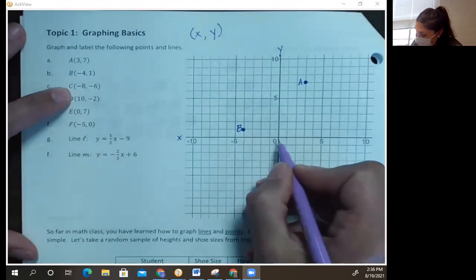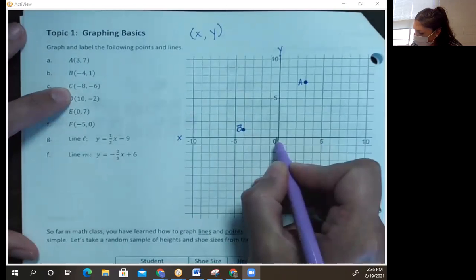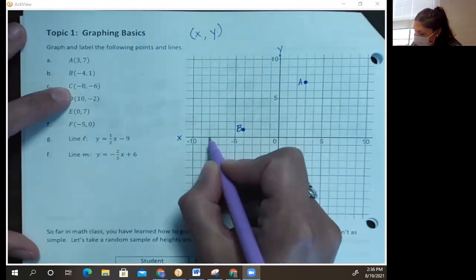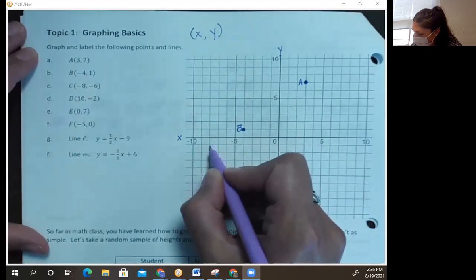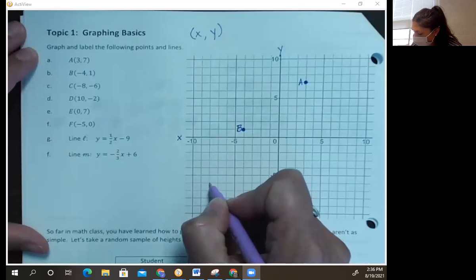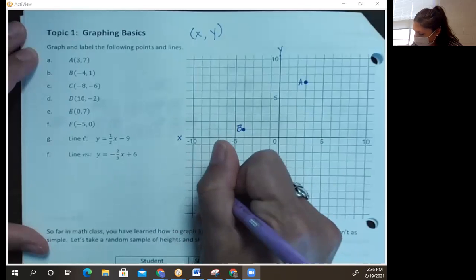For C, negative 8 means I'll move to the left 8 spots. And then negative 6 means I'll move down 6 spots. 1, 2, 3, 4, 5, 6.